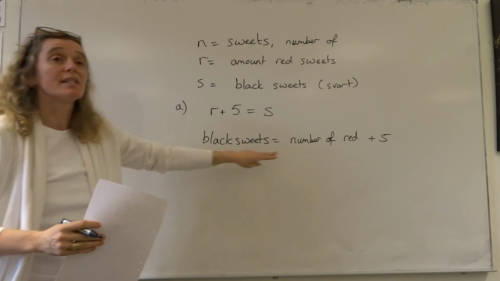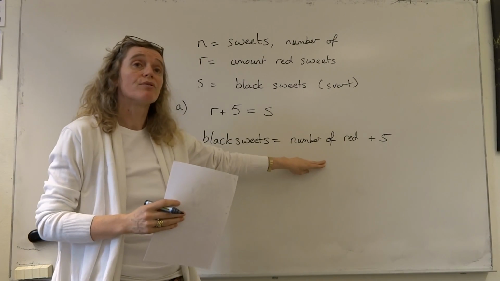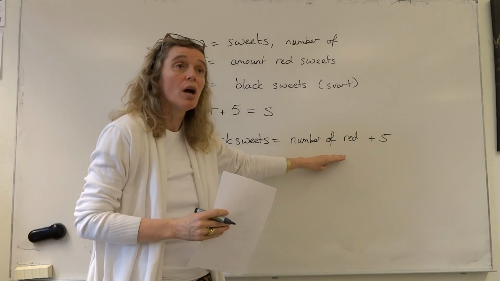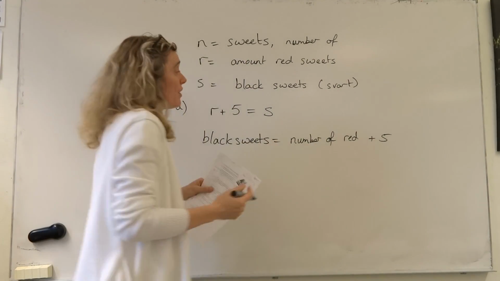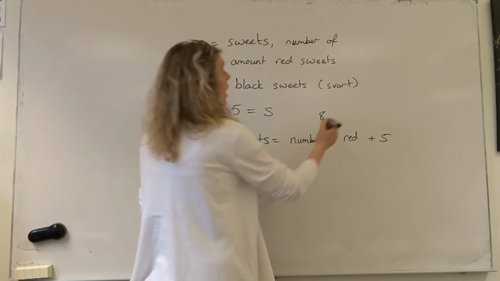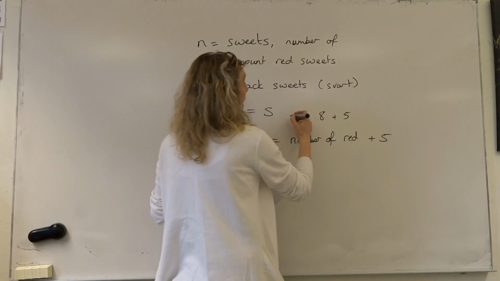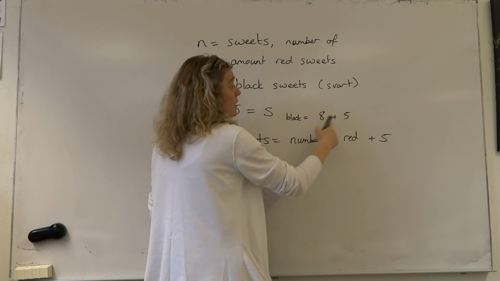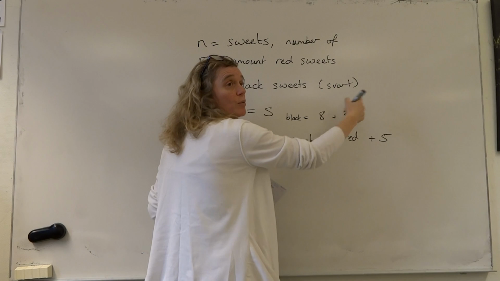So the black sweets are 5 more than the number of red sweets. So let's say that the number of red were 8. How many blacks would you have? The black would have to be the number of red plus 5, so it would be 8 plus 5, it would be 13.